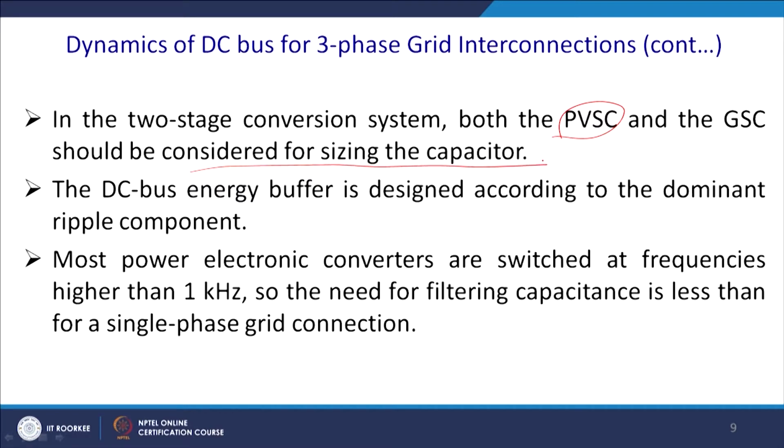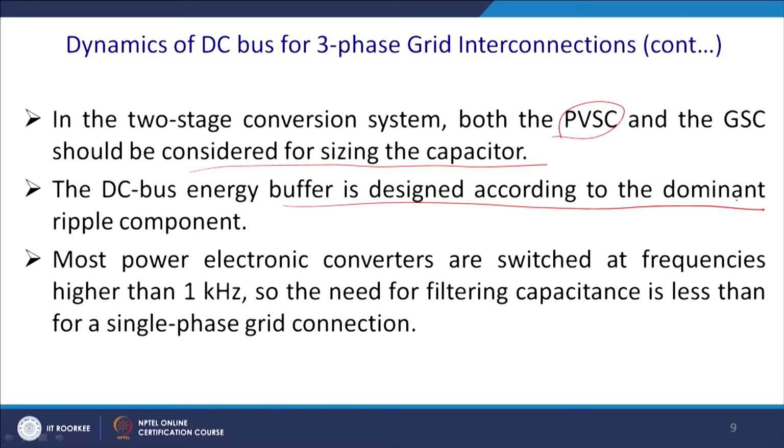We need to design this capacitor value quite well, otherwise there might be a drop of the voltages and all those things. The DC bus energy buffer is designed according to the dominant ripple component. So, we also need to keep that in mind.